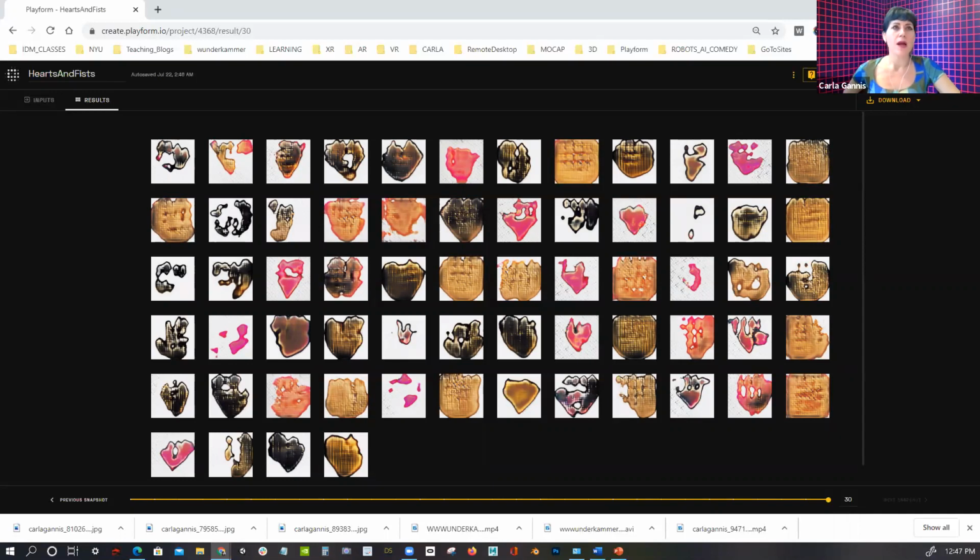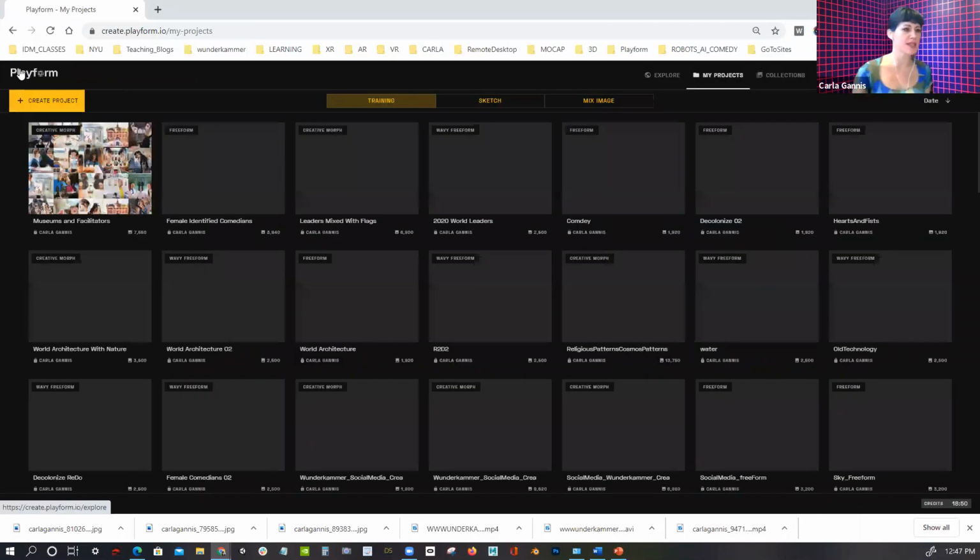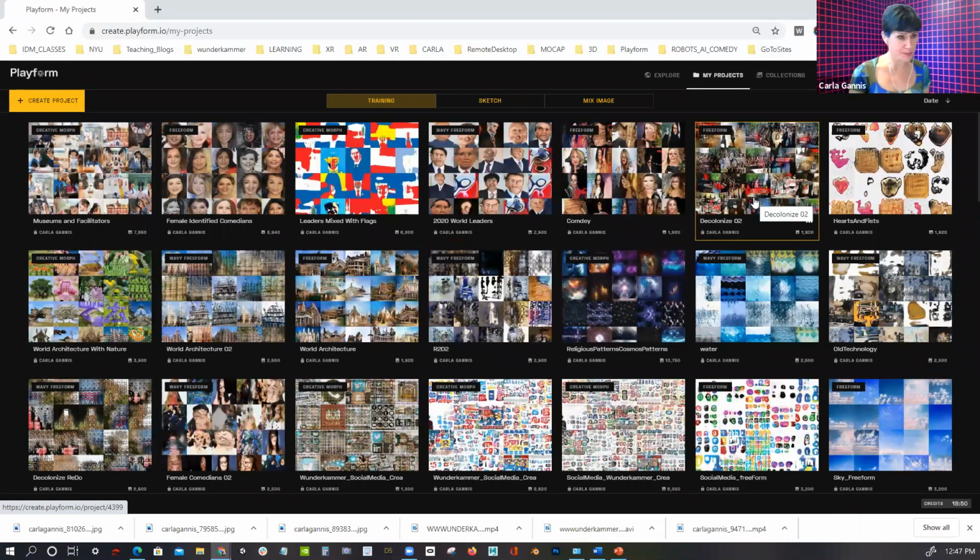Right. So I work in Photoshop. So of course I'm doing most of my collaging there. Sometimes what I'll do is I'll go back to Playform. For example, you'll see several different projects where I've worked with Decolonize and Comedians, World Architecture.